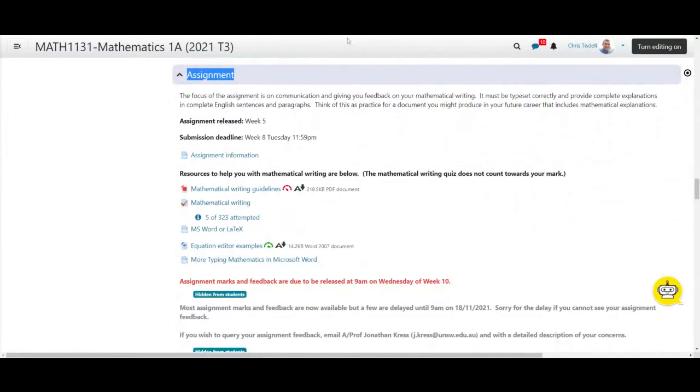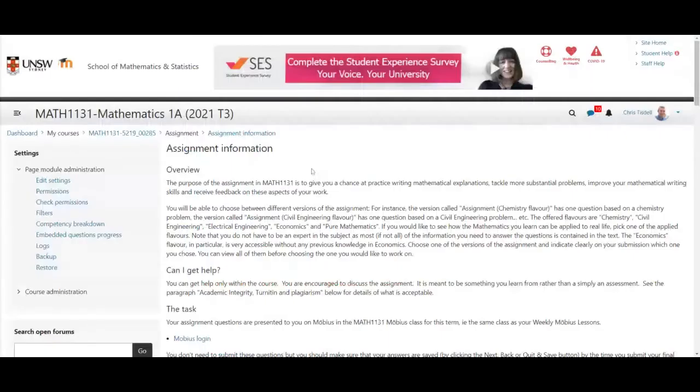Okay, so the deadline is week 8, Tuesday. And you can use MS Word or LaTeX. And here's the assignment information.